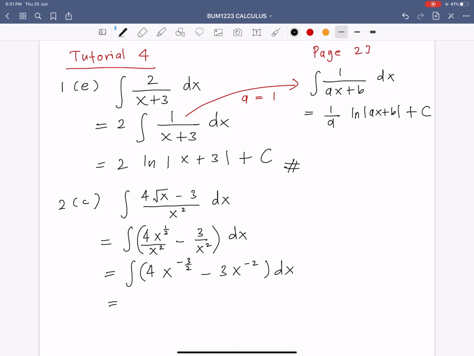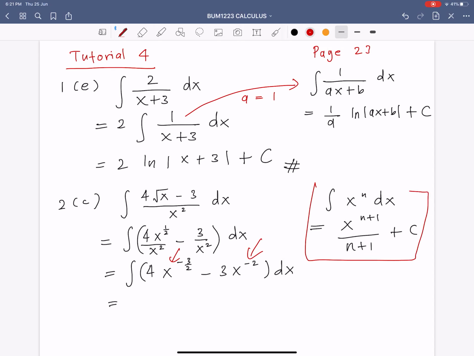Now each of these is in the form of integration x power of n dx, which equals x power of n plus 1 over n plus 1 plus c. So we can use this power rule formula.